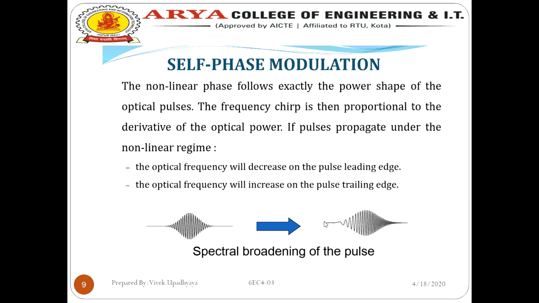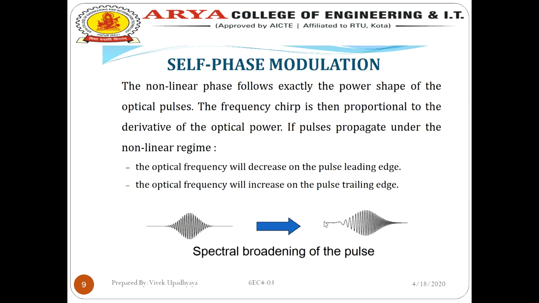As the instantaneous frequency of a wave is the time derivative of its phase, a time-varying phase creates a time-varying frequency. The SPM can alter and broaden the frequency spectrum of the pulse.